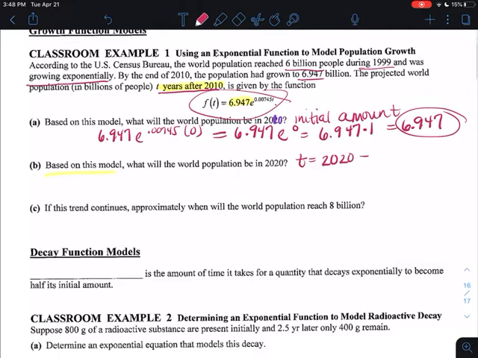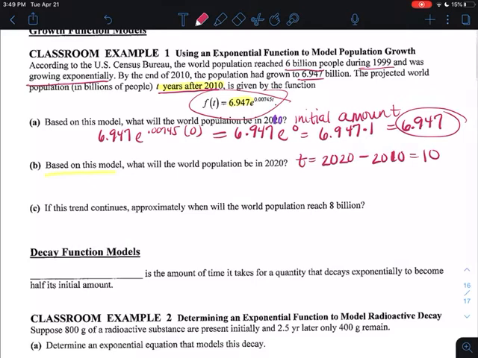The function says t years after 2010, so to get t, I'm going to do 2020 minus 2010, which equals 10. So when I solve this problem, I'm going to use a t value of 10.